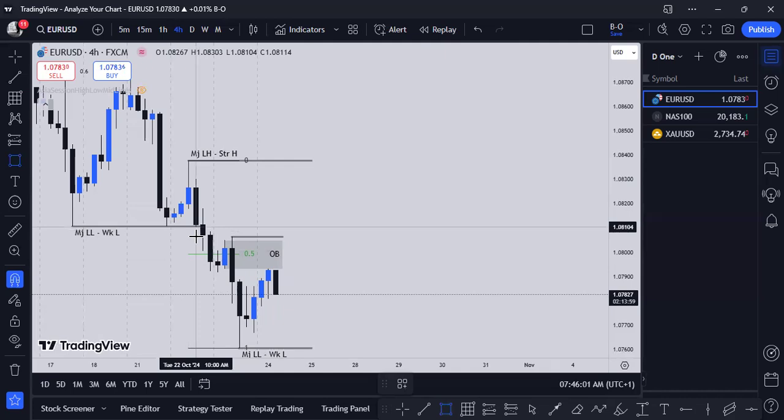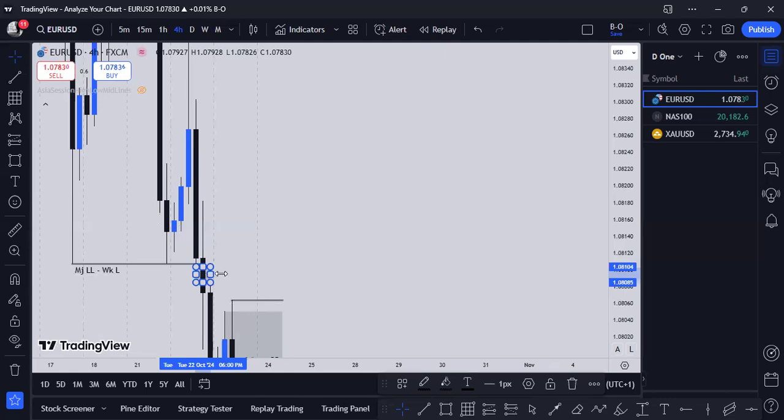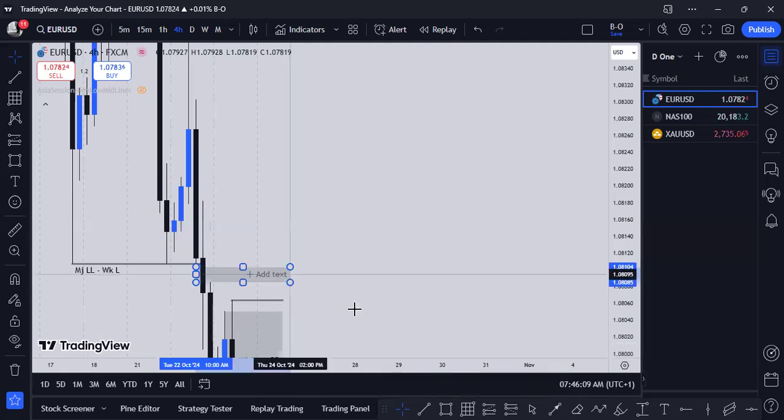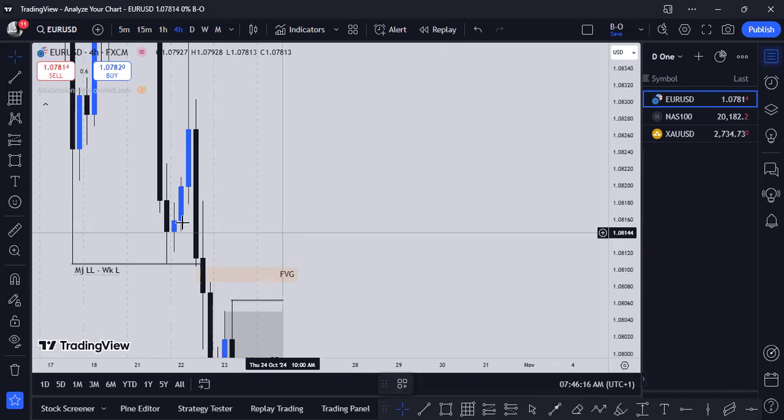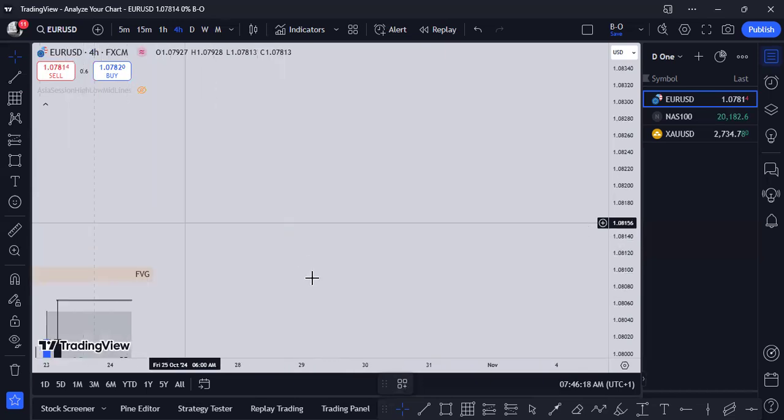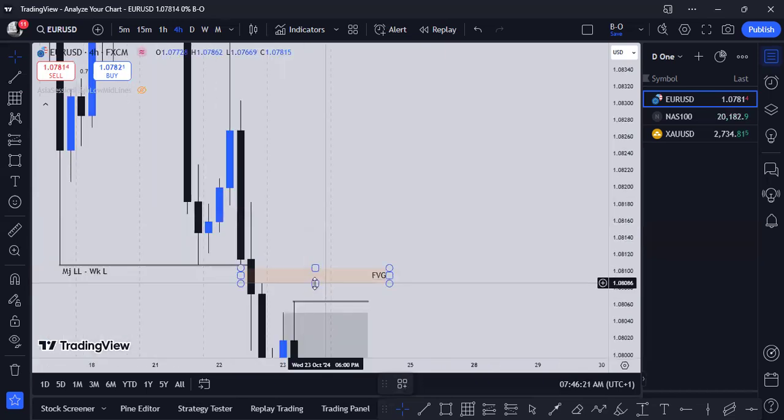Now we have a little imbalance. I'll zoom in to see. We have a little imbalance there, which can draw price to itself. But you know, the downtrend has been on for a very long time, so anything can happen at the moment.